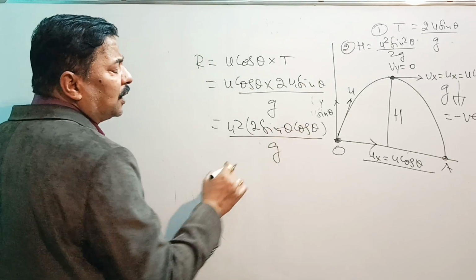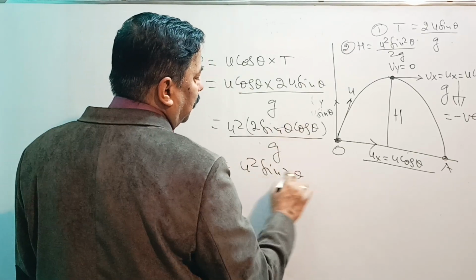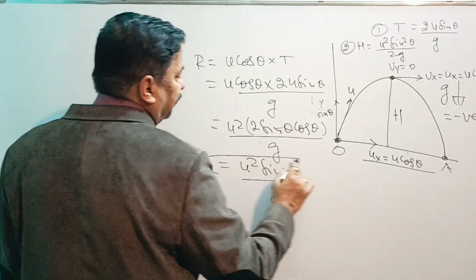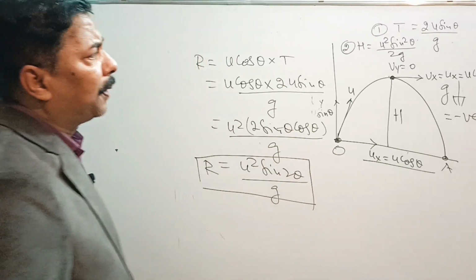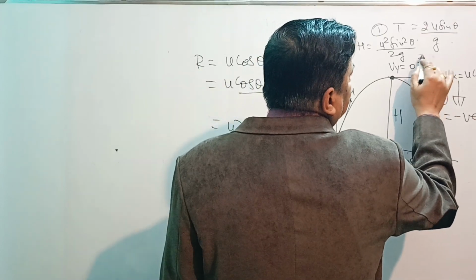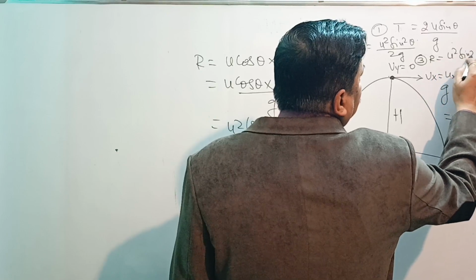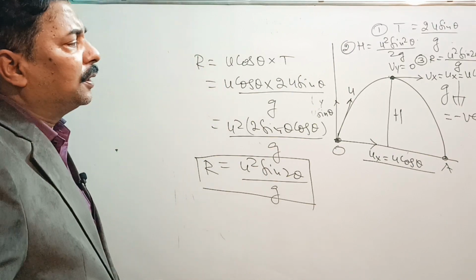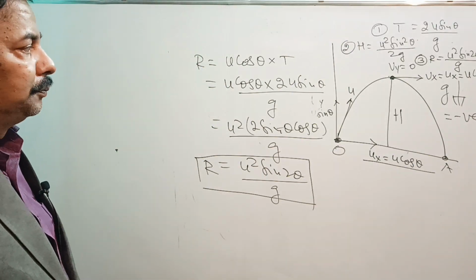What is 2u sine theta? Sine 2 theta. So this is the formula that you should remember, that horizontal range R is equal to u square sine 2 theta by g.